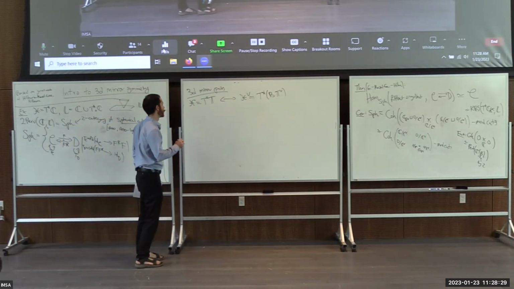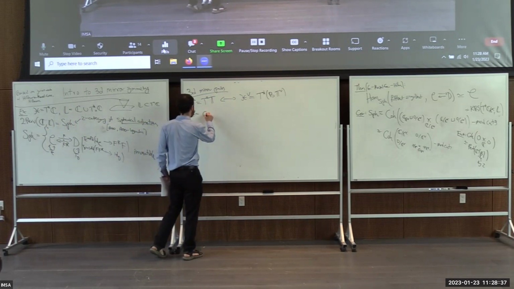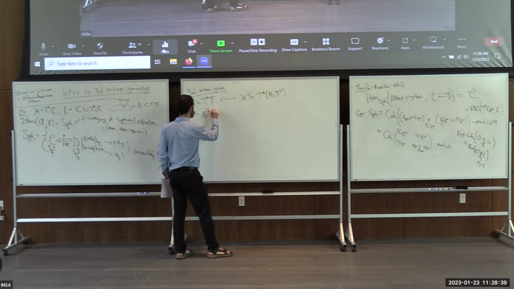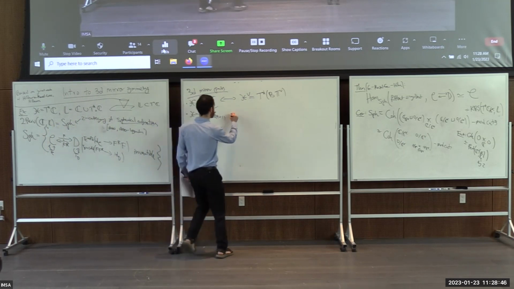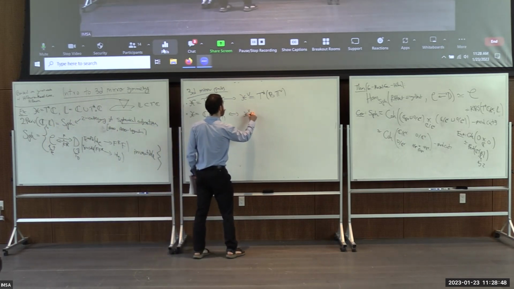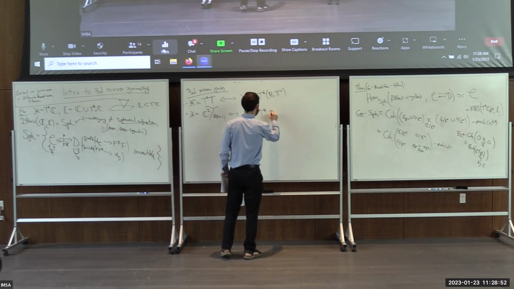Let me just give 2 more examples. One is that if X is C2 mod Z mod n plus 1, the resolution of that symplectic singularity, then X check is going to be the cotangent bundle of C to the n.